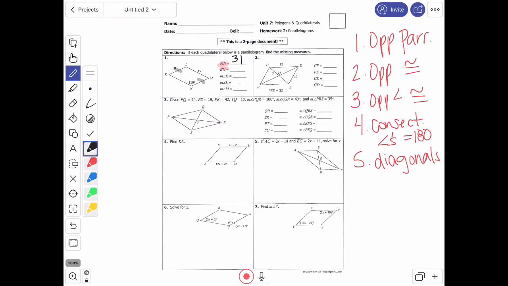Then we have KN. KN is going to be congruent to LM, and I just went over what LM was. So LM's 45, which means KN is also 45.